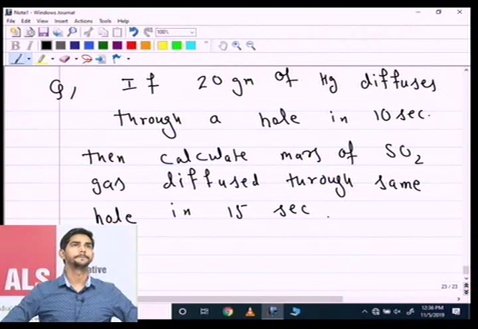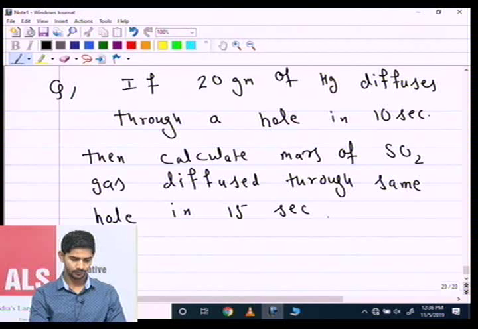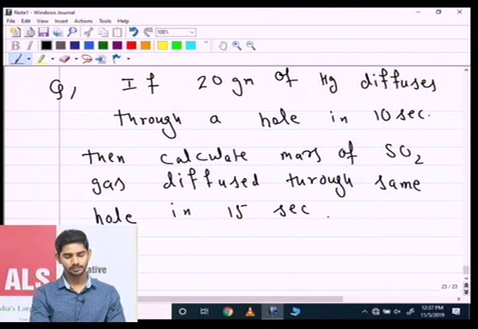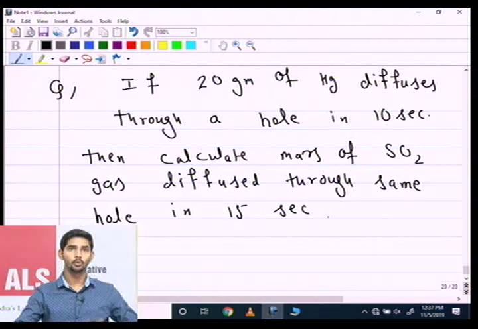Mercury. Wait a minute, I need to check it. It is 200.6, the molar mass of mercury.